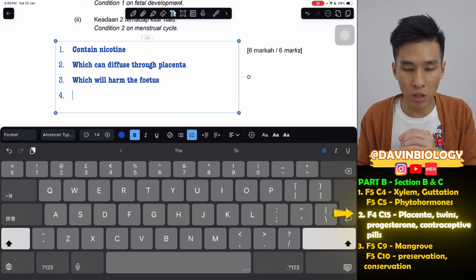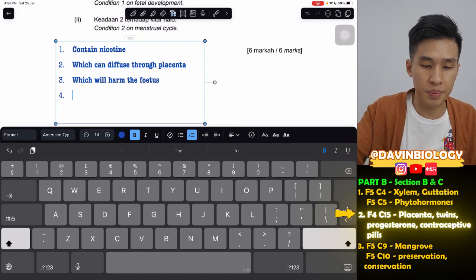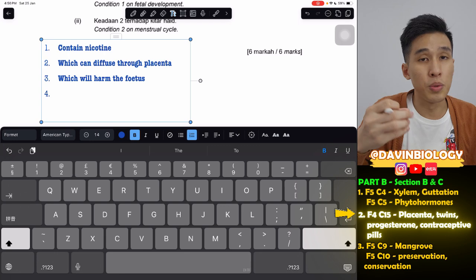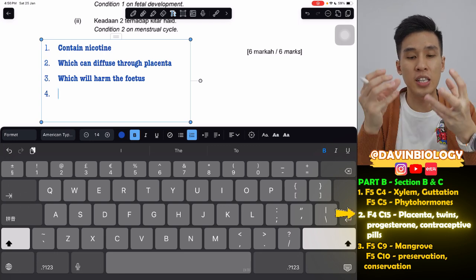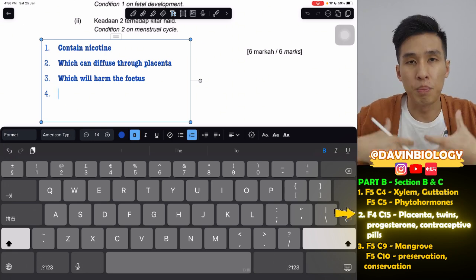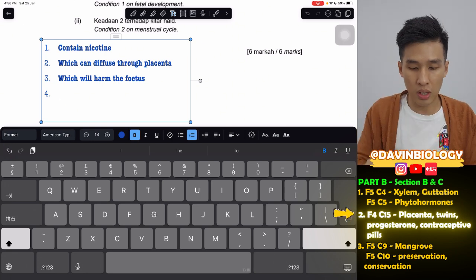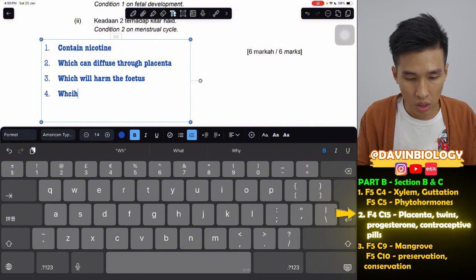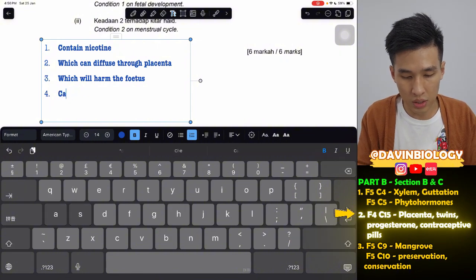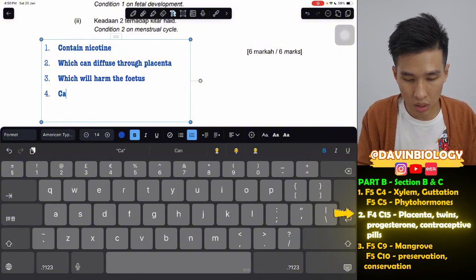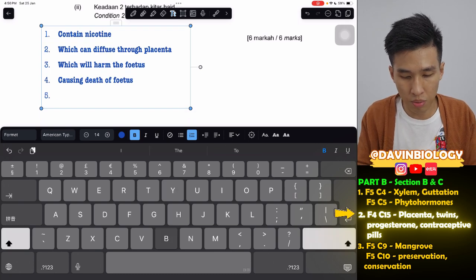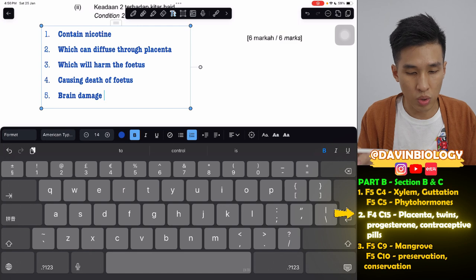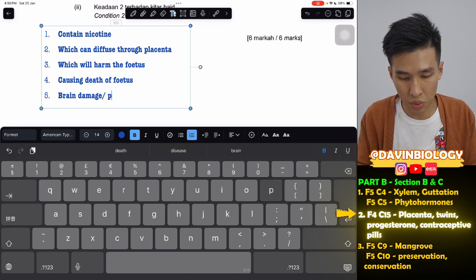What can happen here is the fetus may die, or there may be premature birth, meaning the placenta somehow fails, then the baby has to be born earlier. So you can say it harms the fetus, causing death of the fetus, or causing brain damage, or also a premature birth. A lot of things you can say actually.